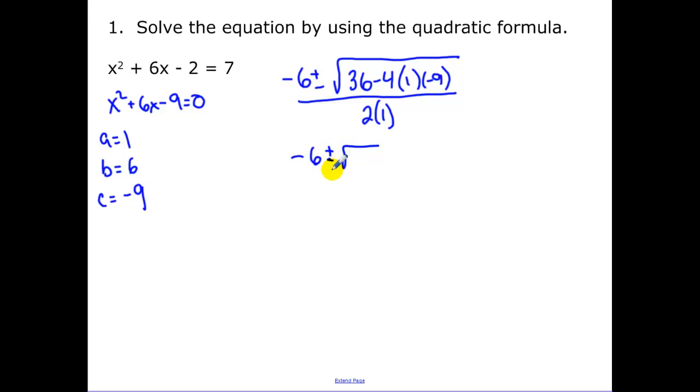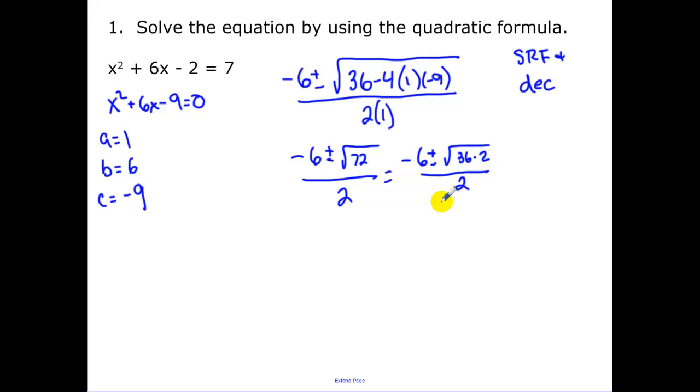Underneath our radical, we have the square root of 72, all over 2. Now, I want you guys to give me the answer in simplest radical form and decimal. So, for simplest radical form, you have to pull out any perfect squares that are in 72. Well, we know 72 is 36 times 2.